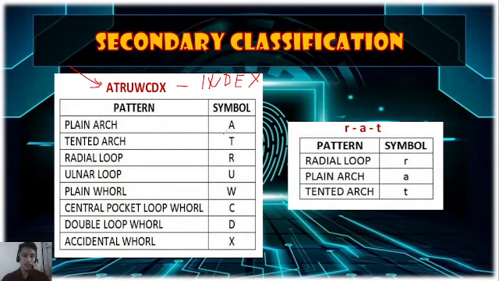Plain arch is symbolized by a big letter A. Tented arch, big letter T. Radial loop, big letter R. Ulnar loop, big letter U. Plain whorl naman, big letter W. Central pocket loop whorl is represented by big letter C. Double loop whorl, big letter D. And accidental whorl, represented by the big letter X. This is the one that we are going to use for the index finger.